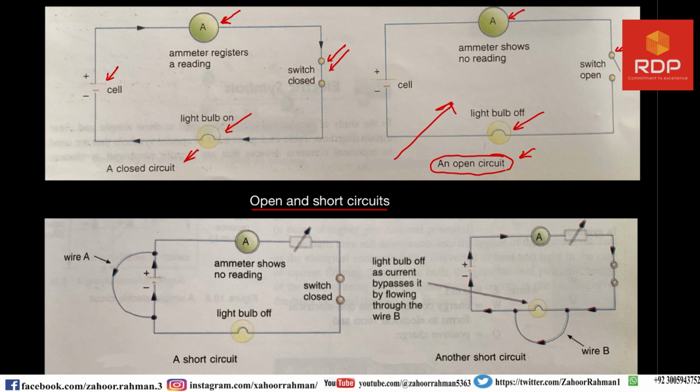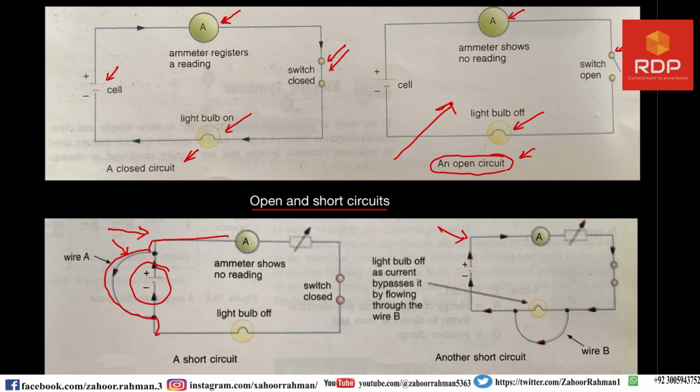The second type of circuit, the short circuit, is shown in these two diagrams. These are the two types of short circuit. If you want to bypass a certain device inside the diagram, then you have to take a wire just like here, shown in the case of wire A. So when the current is flowing, it will flow in this way, bypassing this cell.